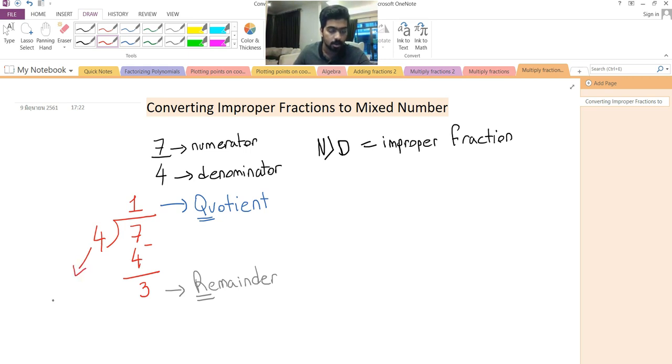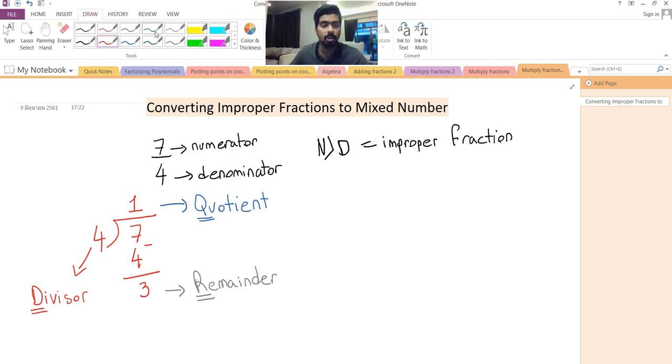This 4 here, we call it the divisor. So when we convert an improper fraction to a mixed number, we need the quotient, the remainder, and the divisor.